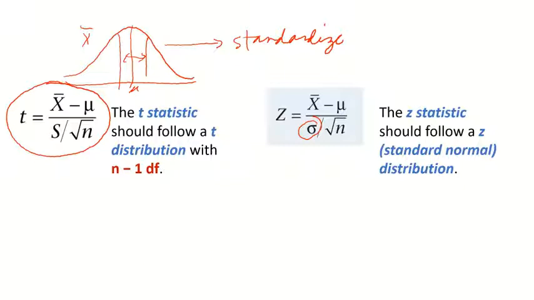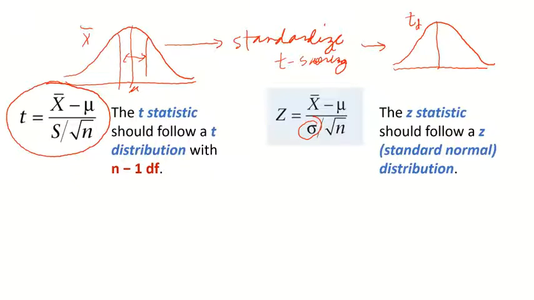The t-scores or t-statistics will then follow a distribution that looks like a standard normal distribution, but not quite, which we call the t-distribution. So when we standardize this by t-scoring, we end up with a distribution that looks like a normal distribution, but it's actually the t-distribution. Take note that there are many types of t-distributions, depending on your degree of freedom.